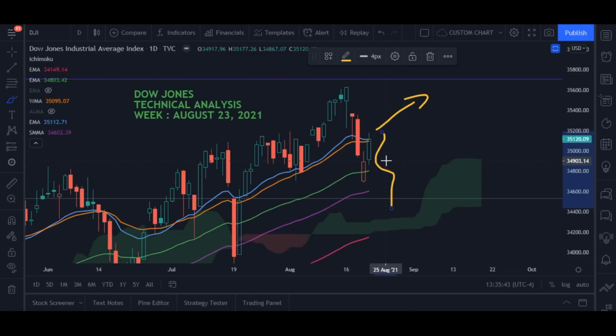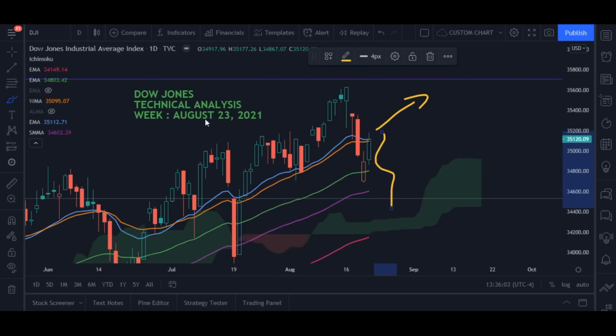And secondly, all of the moving averages have a very clear fan out. So the moving averages in themselves are also supporting the bull trend. But if on Monday or Tuesday the market falls, then there will be a clear crossover here, and that will say that there is going to be a bearish movement.